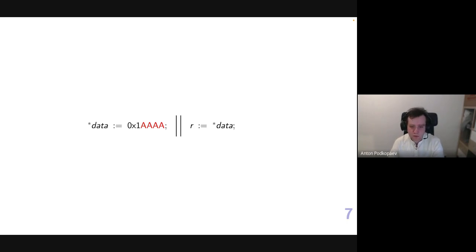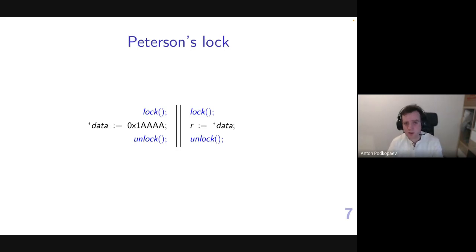Then if we want to prevent strange values from being read, in a sense anything except the initial value or the written value, we need to guard the accesses. There is a standard solution for that called locks. You could lock the accesses to the data such that these locks forbid simultaneous access to the location from both threads. And suppose these locks are implemented as Peterson locks.